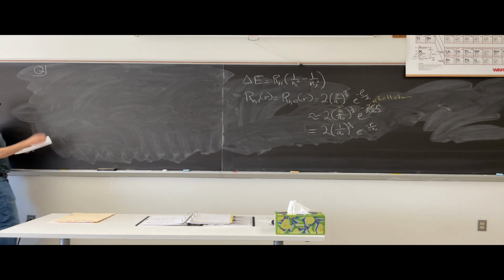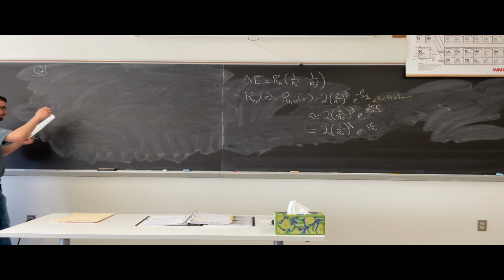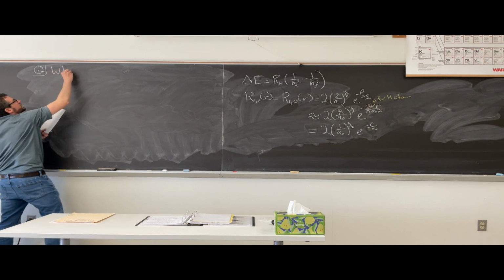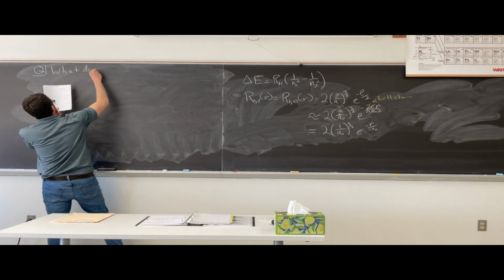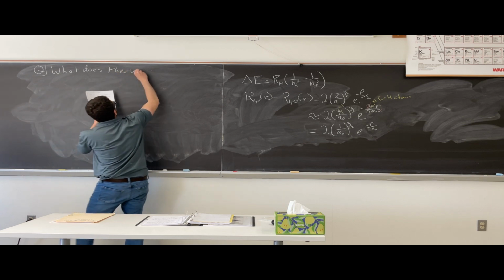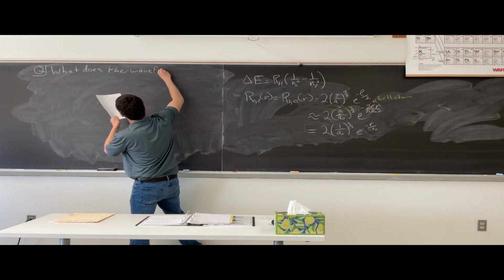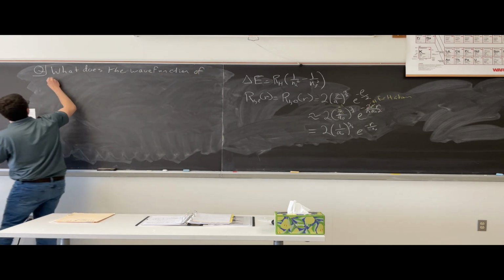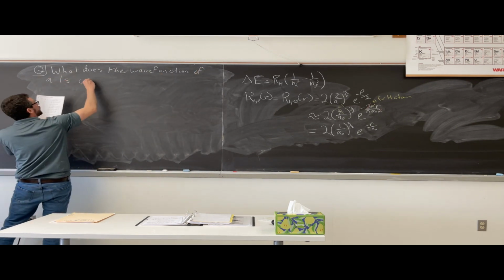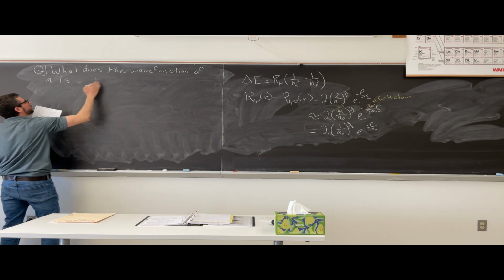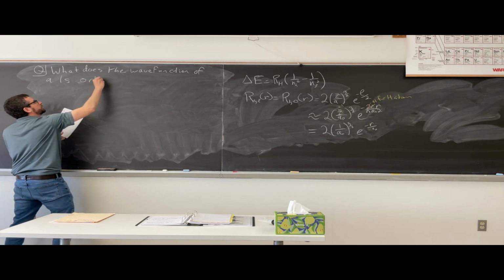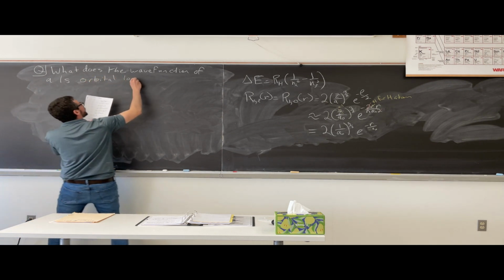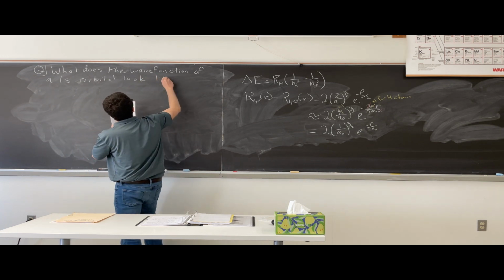So you do not have to write those down if you don't want to. So what does the wave function of a 1s orbital look like?